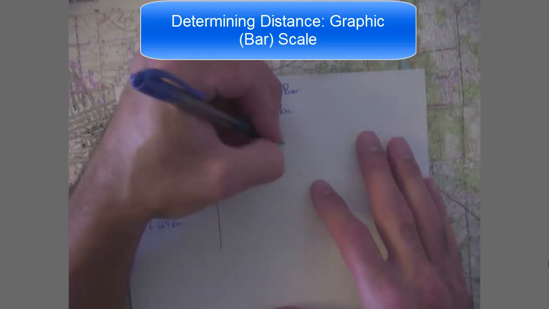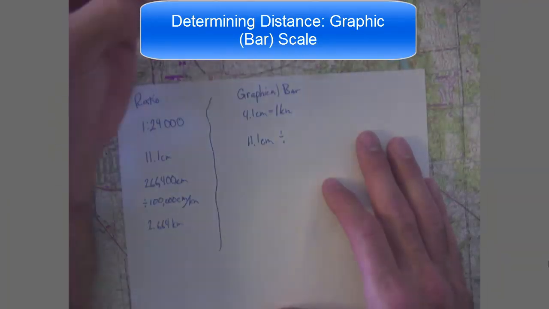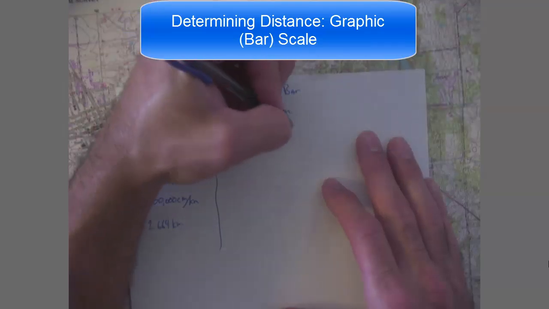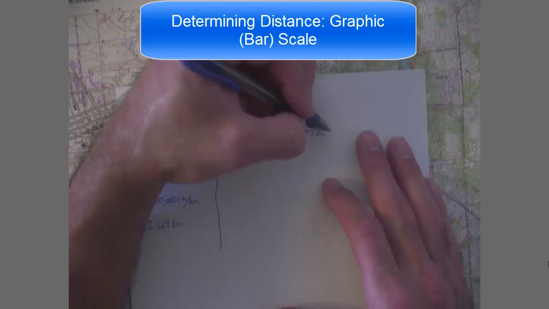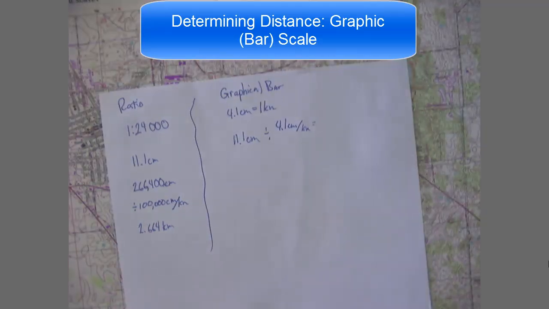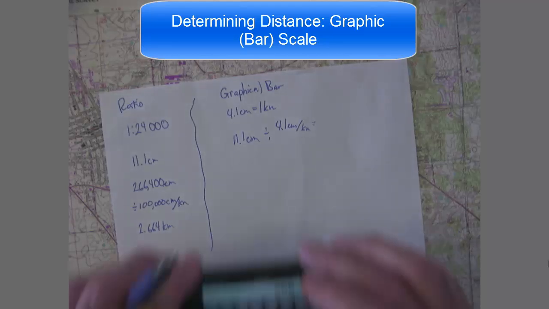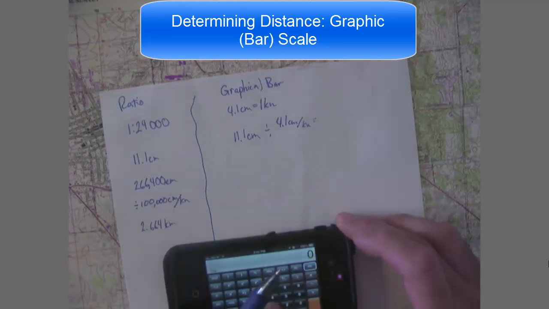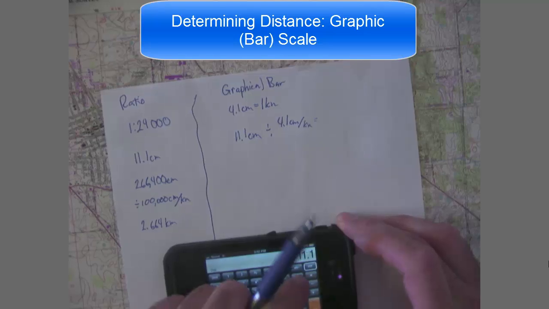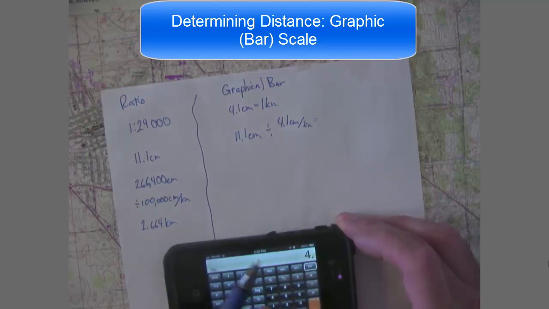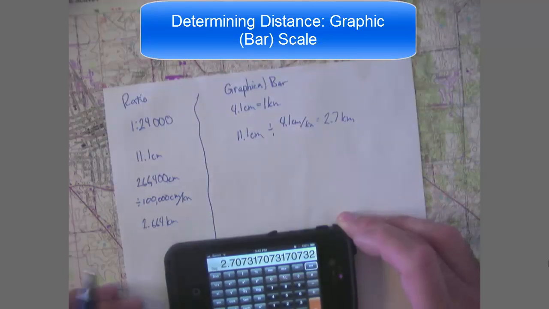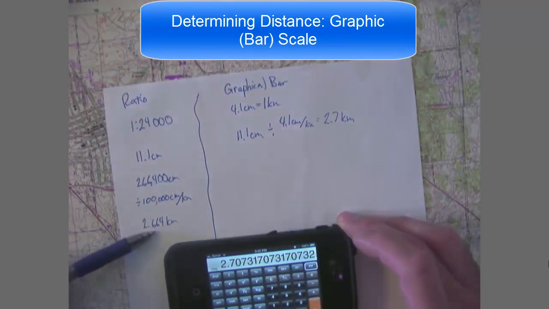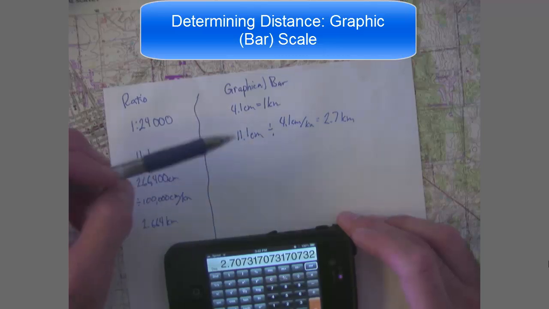And if I divide that by this graphical bar representation, 4.1 centimeters per kilometer, I get 2.7 kilometers. So pretty much the exact same thing I got over here, but much quicker and easier.